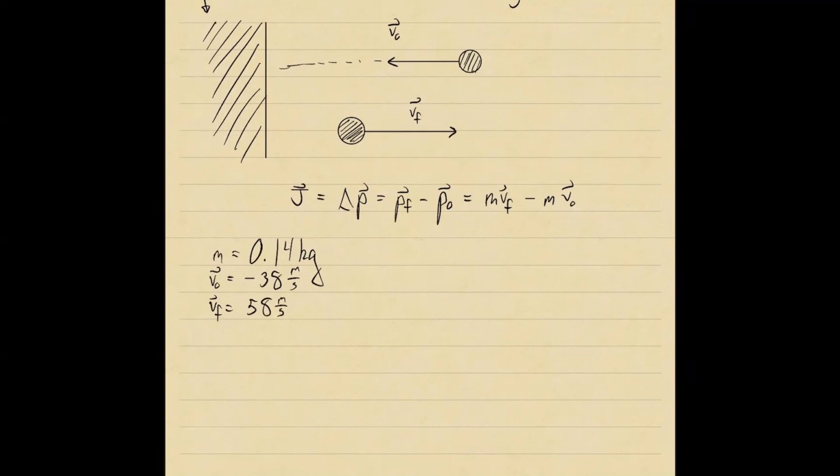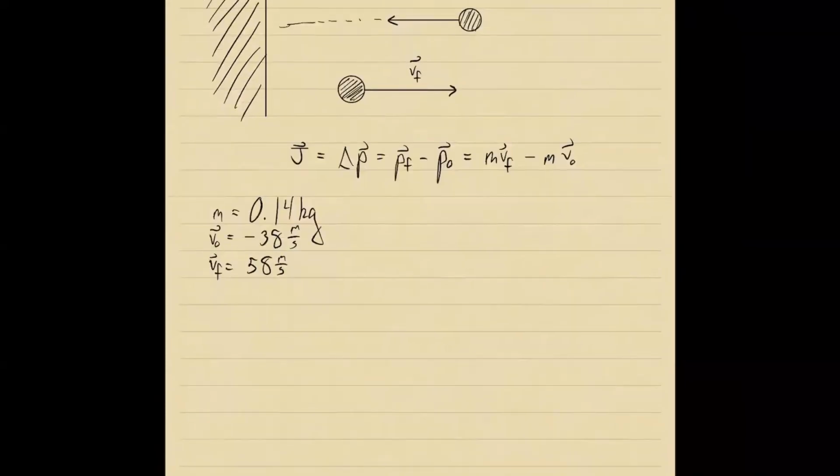So we want to calculate the impulse. We just plug in our values for the mass and velocities. Our impulse is equal to the mass of the ball, and I can factor this mass out of both since it's the same object. This is equal to the mass times our final velocity minus our initial velocity.